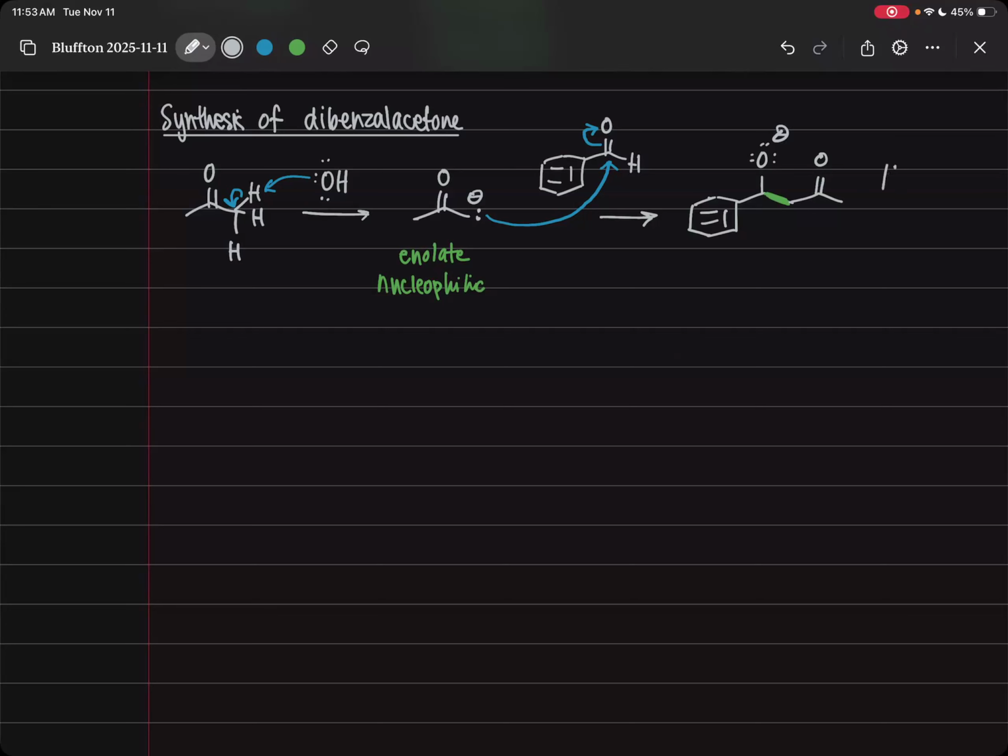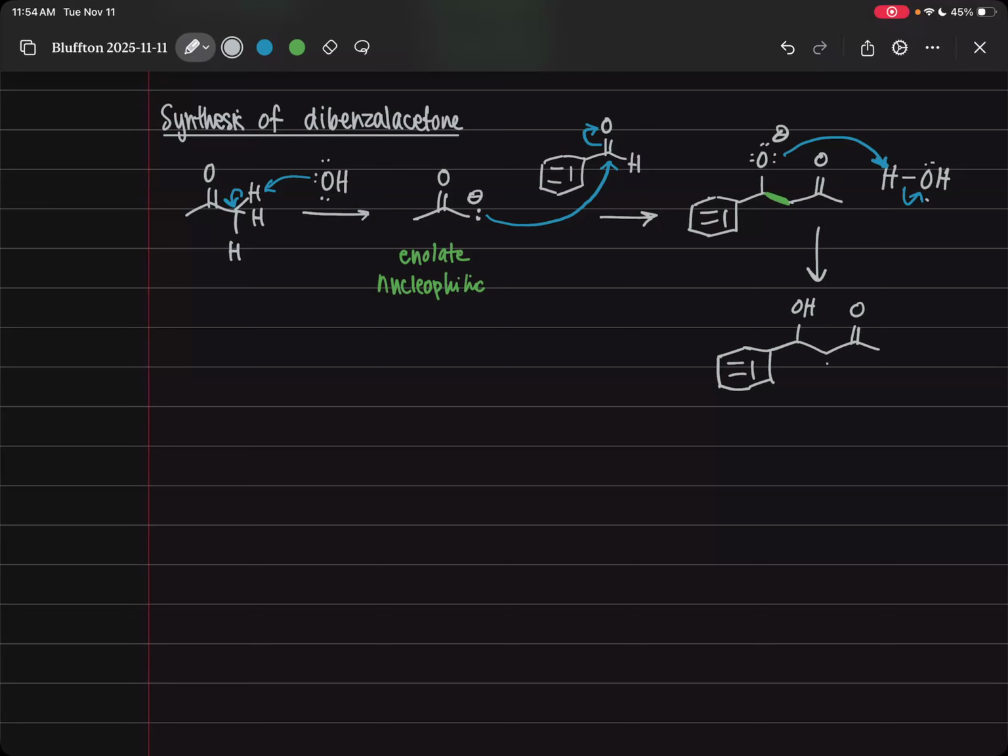And then water will protonate to give us the alcohol. Okay, so that was the first aldol addition reaction.